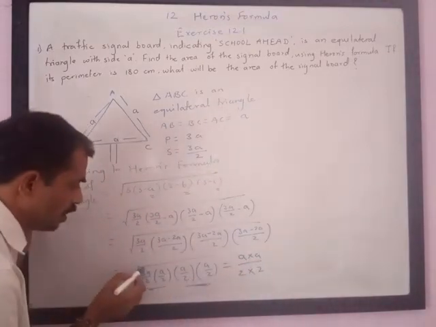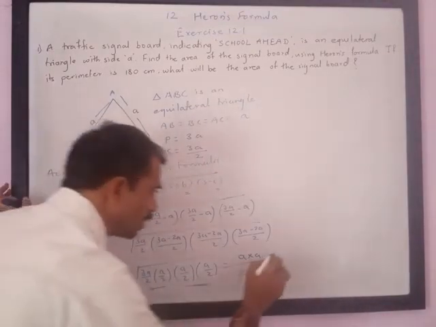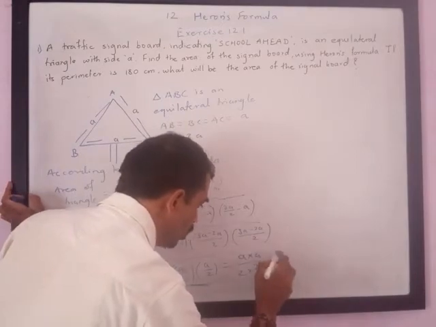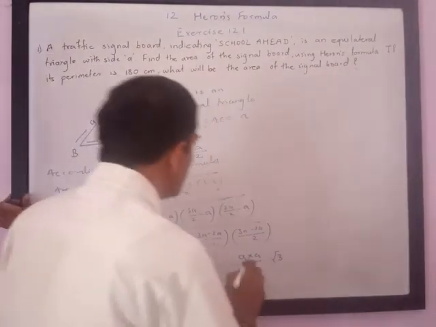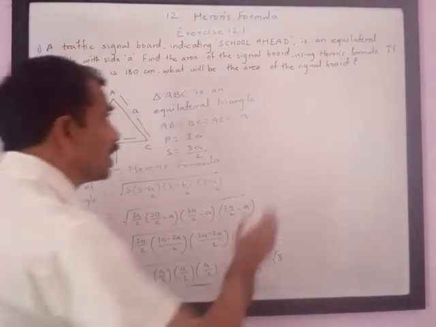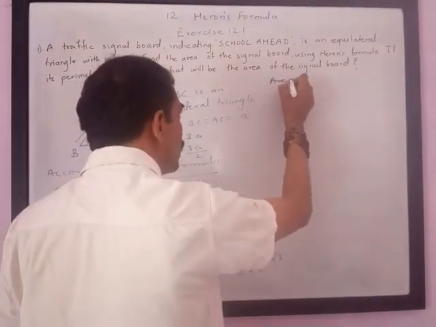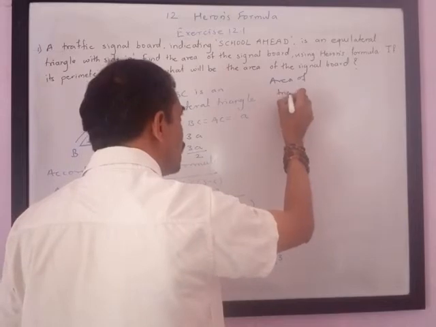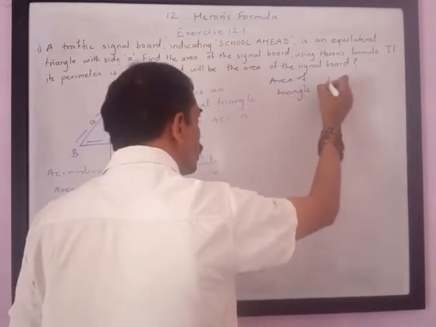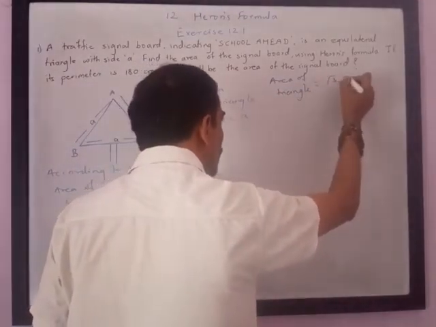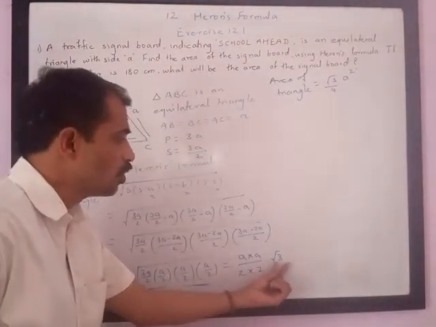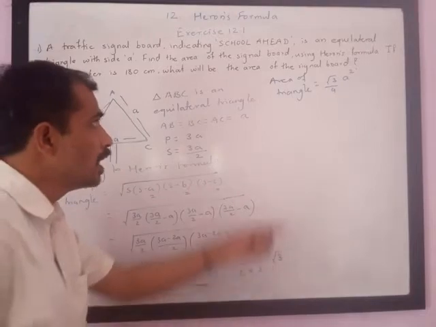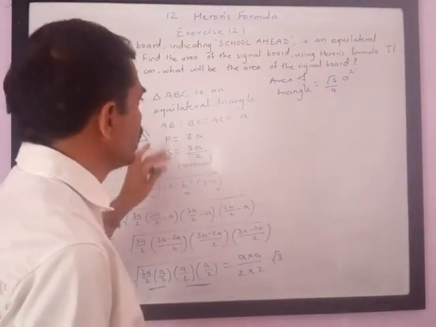And there is only one 3, so it will remain inside the root. So we will get area of triangle is equal to root 3 A square, and in the denominator we will have 4. So root 3 A square upon 4 is the area of an equilateral triangle.